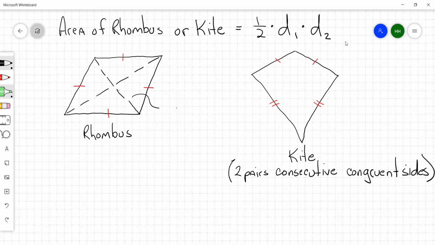All right, so here's your diagonal 1, which makes this diagonal 2. In the kite, right here, here's one of them. And here's the other one, vertical. All right, so here's D1, here's diagonal 2.